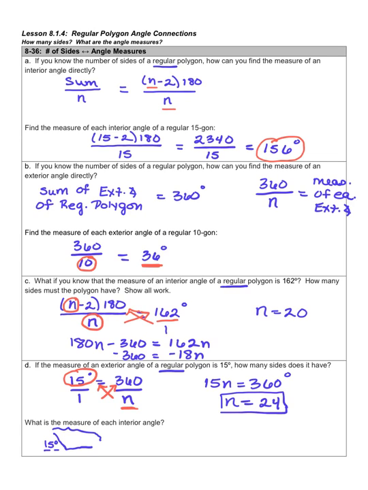Each exterior angle forms a linear pair with each interior angle. So if I know the exterior angle is 15, the interior angle is just 180 minus 15 degrees, which is 165 degrees.